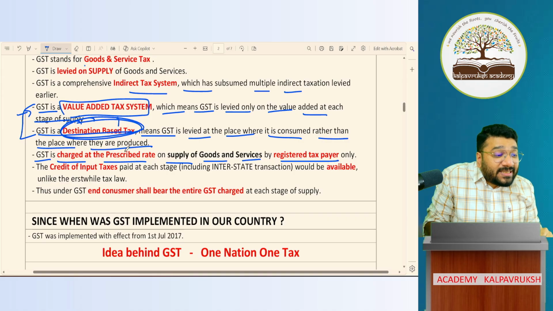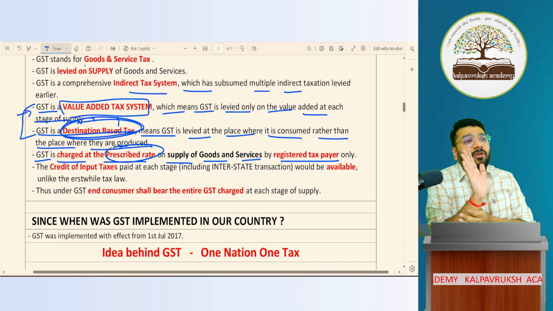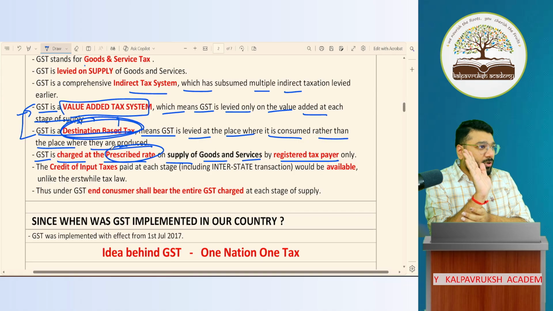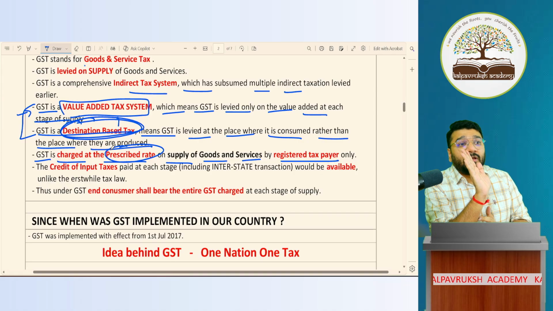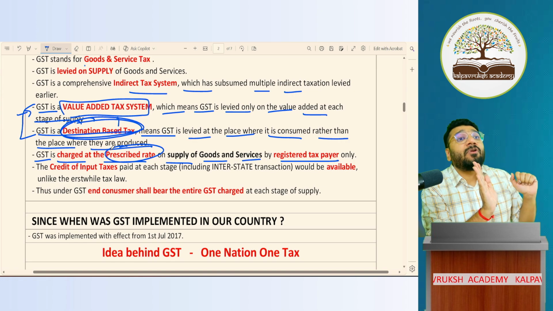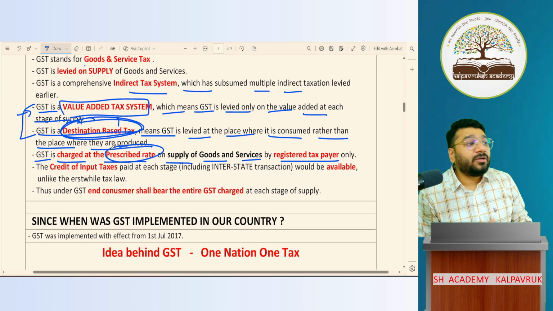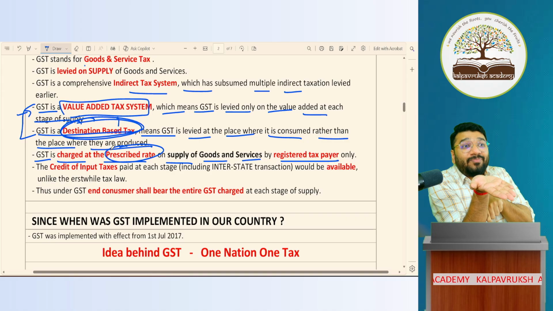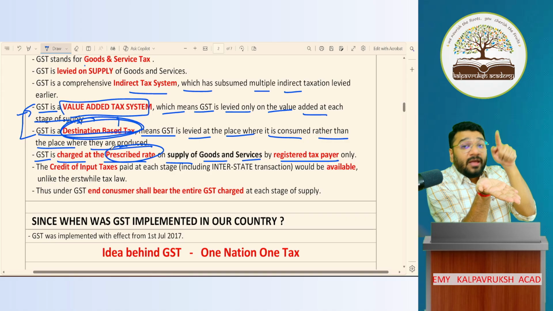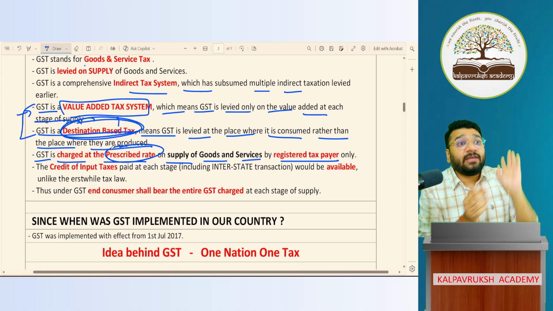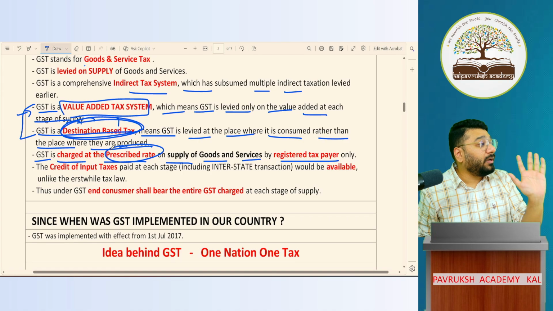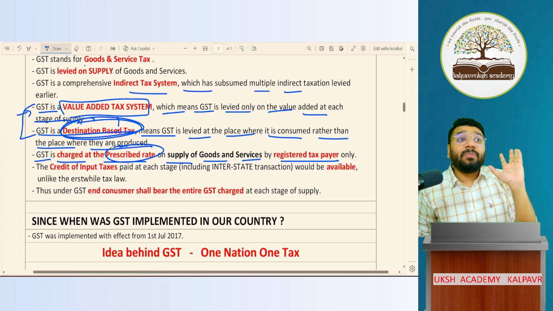GST is charged at a prescribed rate. Prescription. If you go to a doctor, the doctor gives one prescription. When you go to the medical store and ask for medicines, what does the shopkeeper tell? Show me the prescription. Whatever prescription is there, for that only he'll give medicines. I'm talking about very heavy, very complicated medicines.